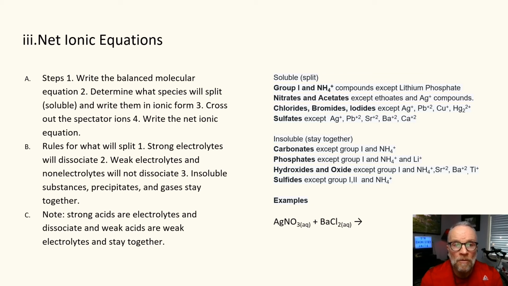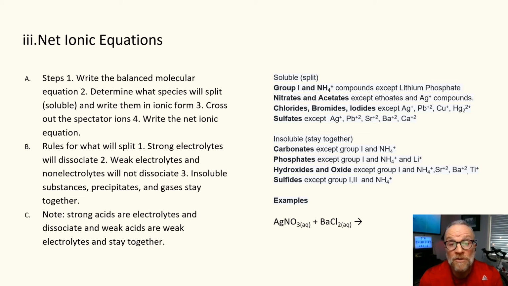And in general, the rules are: strong electrolytes will dissociate, and weak electrolytes and non-electrolytes will not dissociate. So thinking back to the previous unit, salts are strong electrolytes. They will split apart. Weak electrolytes are things like weak bases and weak acids. They will not dissociate. Insoluble substances and gases stay together.